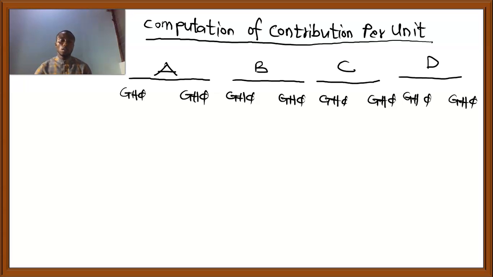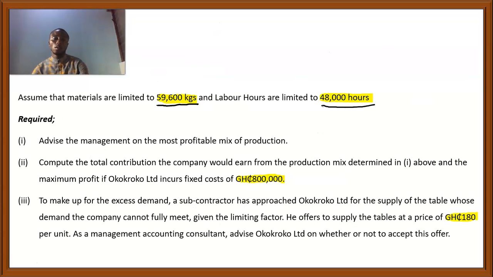Okay. So like I said earlier, contribution is selling price minus variable cost. So we have selling price here. Let's go back and check the selling price for each table.